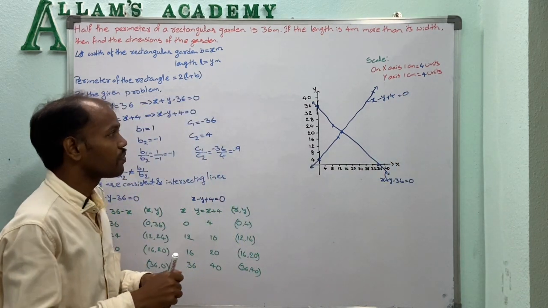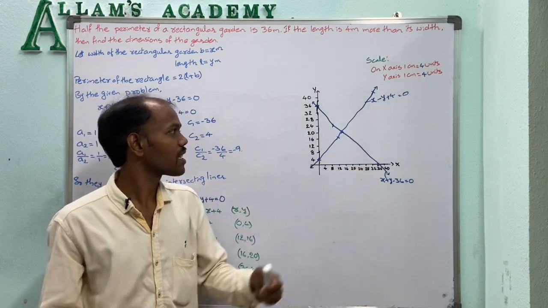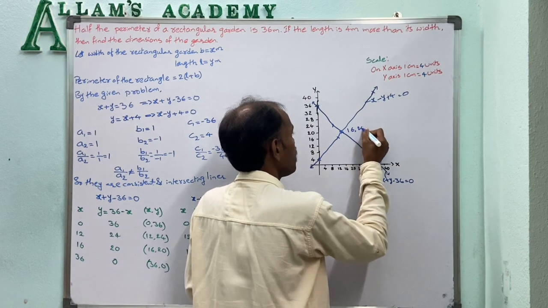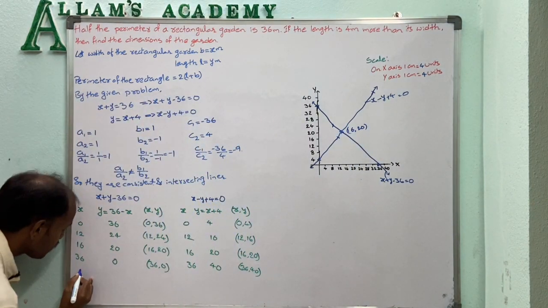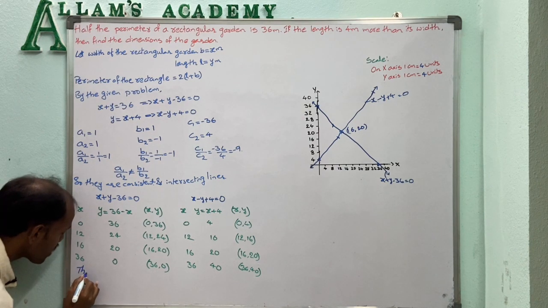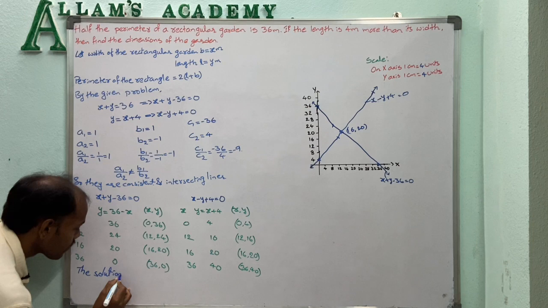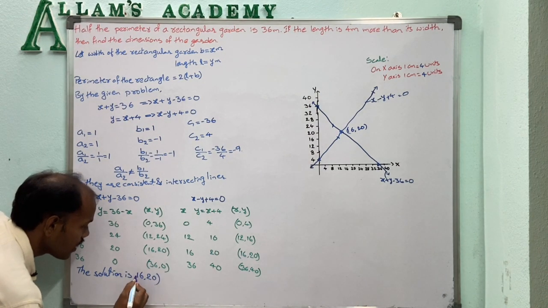Now if we observe, both linear equations intersect at the point (16, 20). So the solution is 16 comma 20.